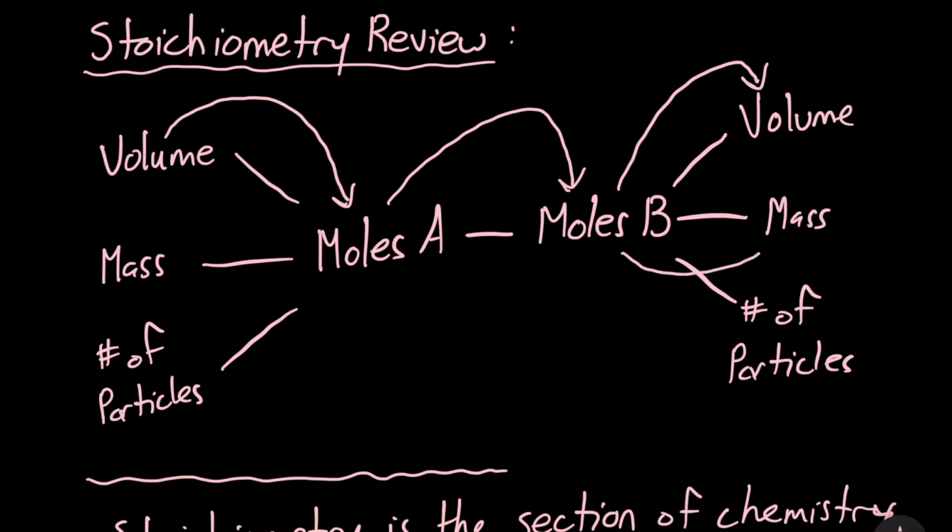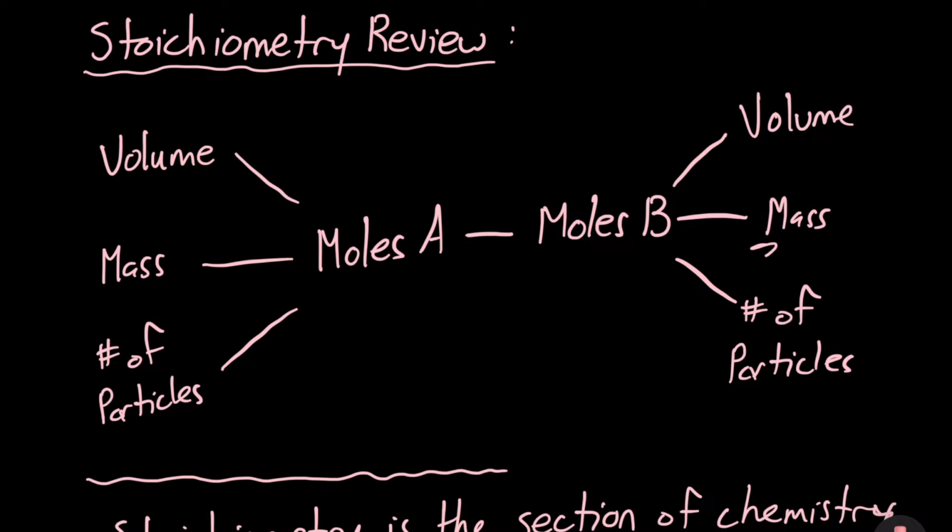We could figure out the mass of that new substance, or we could also figure out the number of particles of that new substance. So let me just erase my arrows that I drew. There we go. And we'll just take a couple of notes, and we'll dive into some examples.